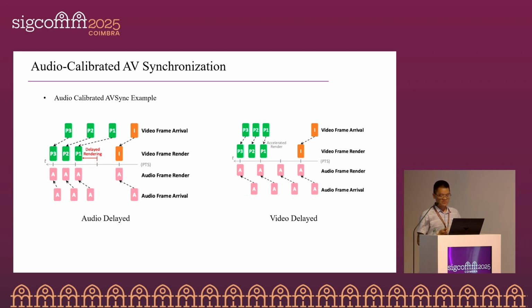An exception is the first I-frame, which is rendered immediately to protect the first frame delay and view penetration. For the right example, conversely, if the video frame P1 is delayed, the audio continues at normal speed, and video rendering is accelerated to catch up.